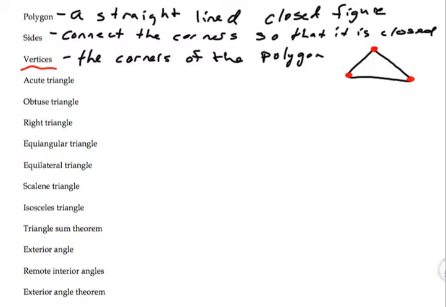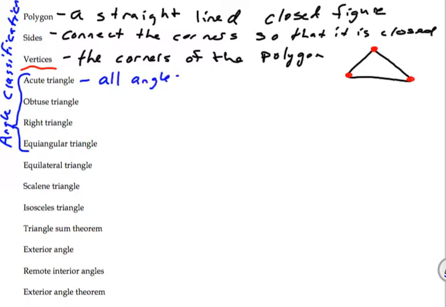Now, look at these four. These are angle classifications. It's a big word. Alright, so acute triangles: all angles are less than 90 degrees.